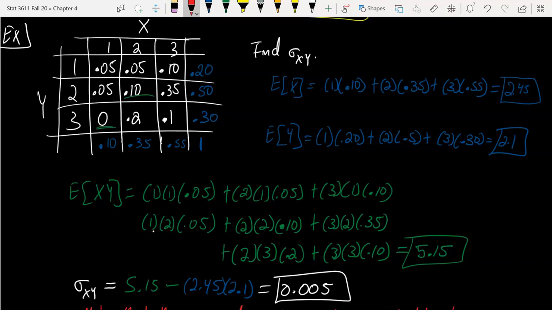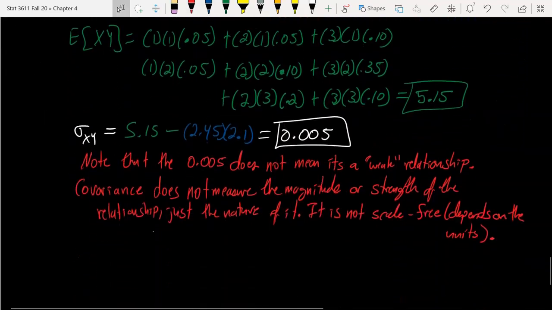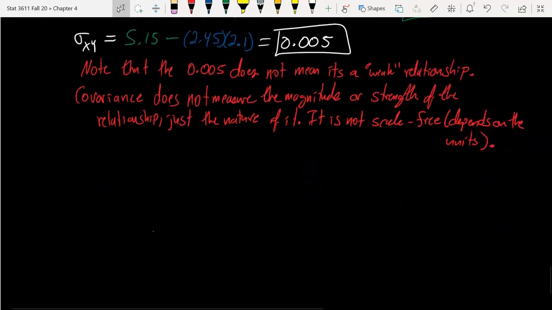The probability distribution would be exactly the same as this table, but that would drastically increase the expected values, and it would drastically increase the covariance. It doesn't mean a stronger relationship. It depends on the scale, the units that you have.